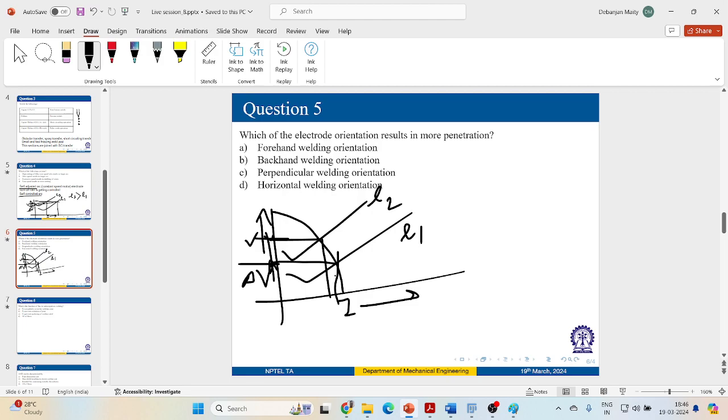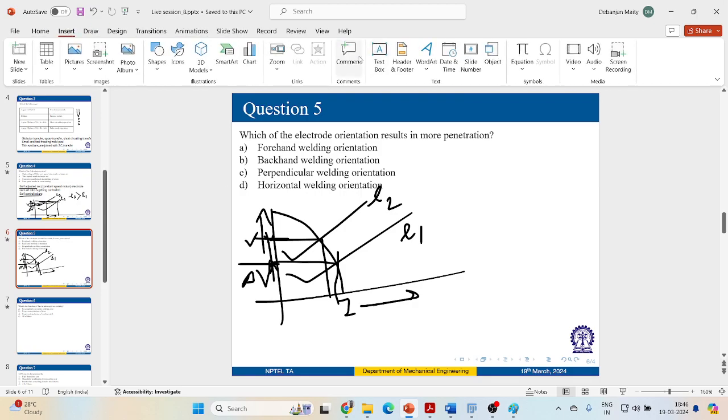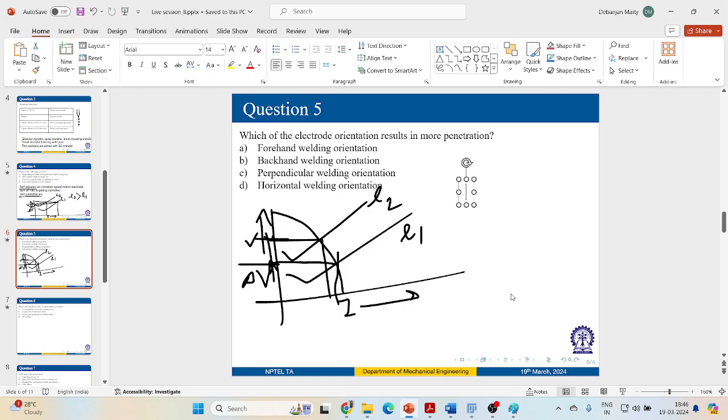So what different operating variables are there in gas metal arc welding which are not there in other welding methods? There are a few of them. We can change the gas flow rate.